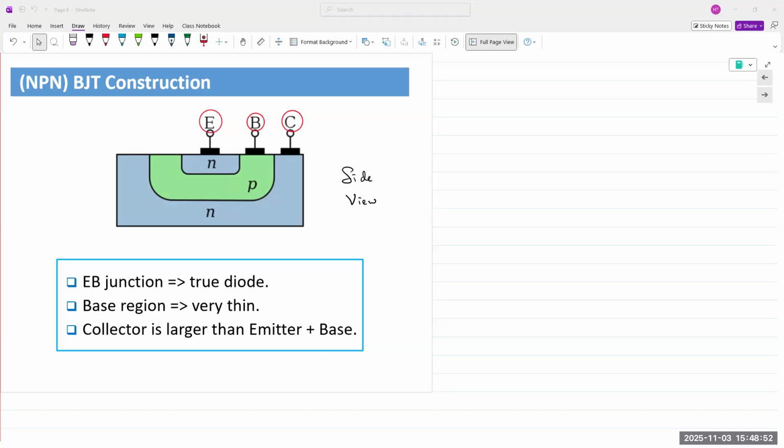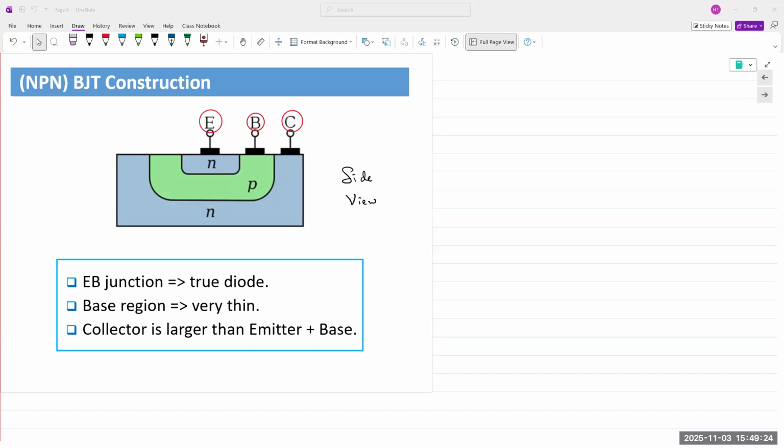These are two back-to-back PN junctions, but they will not function like true diodes. The differences come from the physical construction and the design of these devices, which is completely different from a normal PN junction diode.